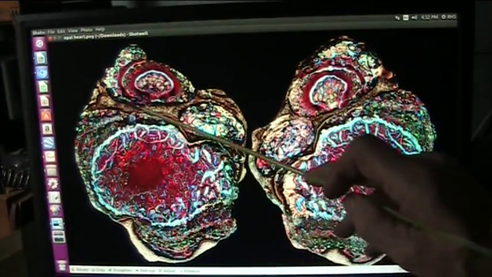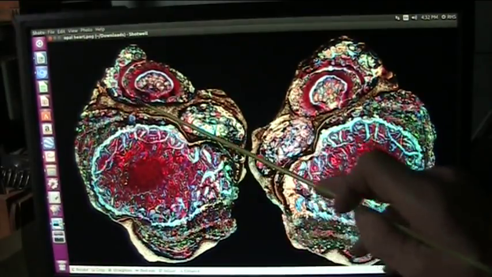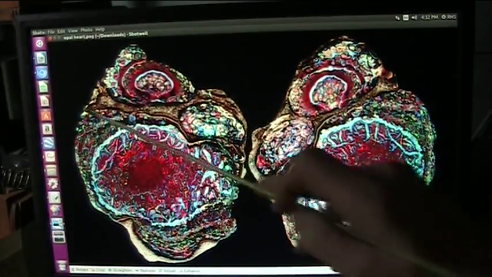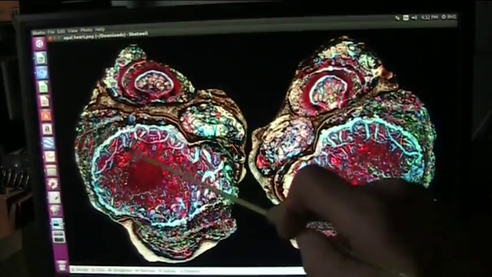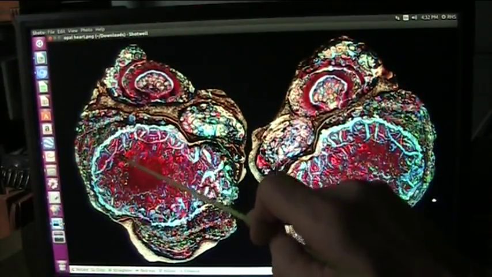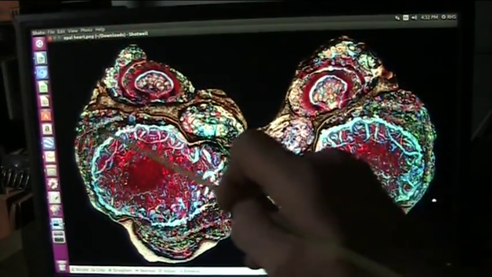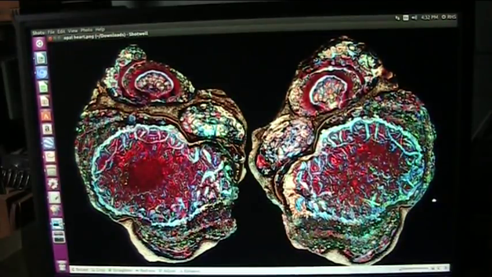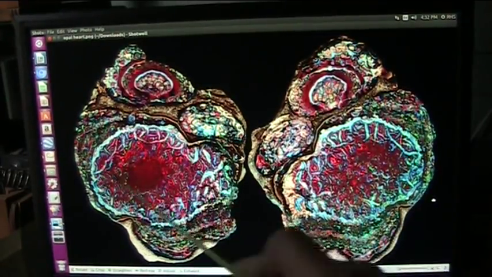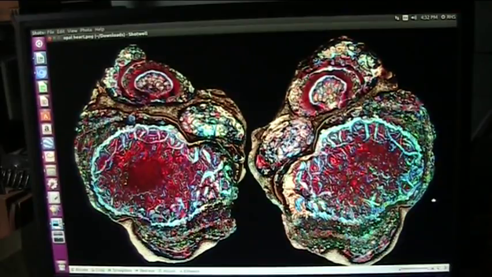All of the tissues in your body, these are the arterial walls, the ventricle walls, these are the heartstrings and so forth, all of the different articulation of the heart that does different things, have all different colors. And the reason they have different colors is because they're different minerals inside your body.